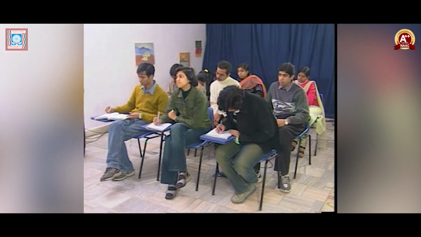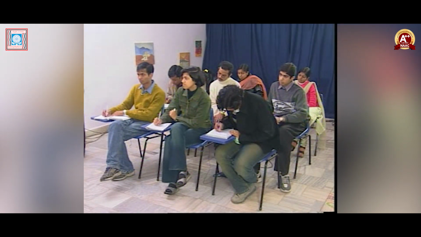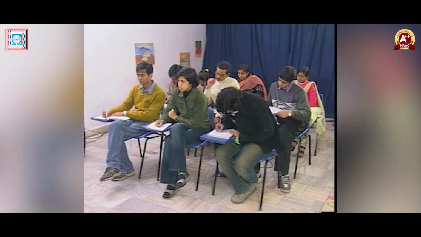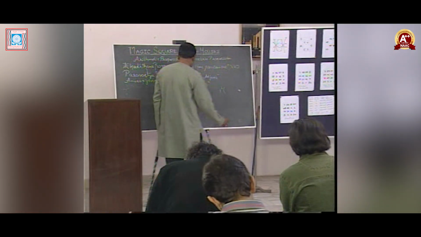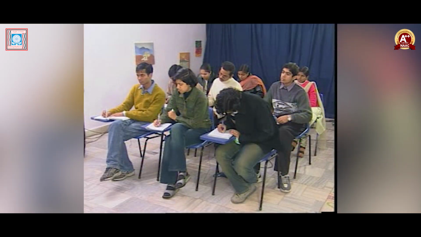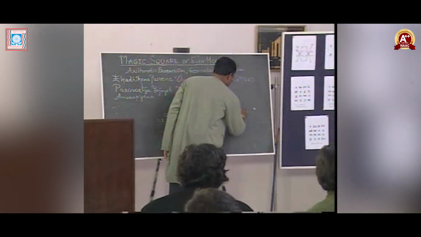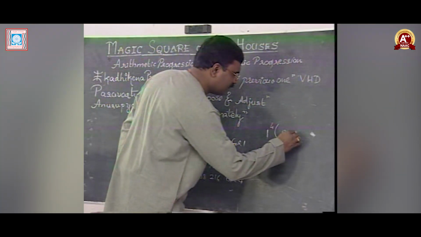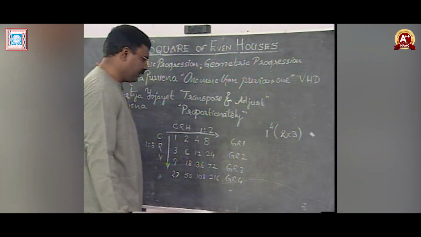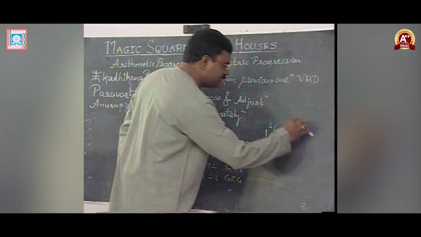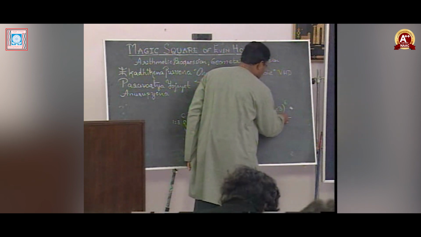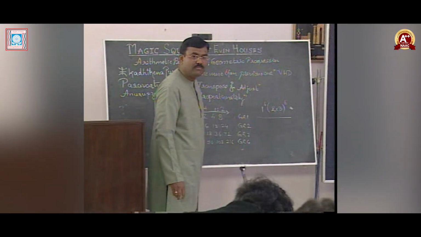The result we require: the first term is 1, and its power is 4, for the 4 houses. The horizontal common ratio is 2. The vertical common ratio is 3. Its power is 6. See here, we are using the coefficients of a plus b to the power of 4.